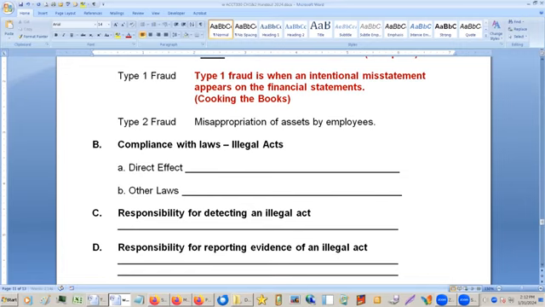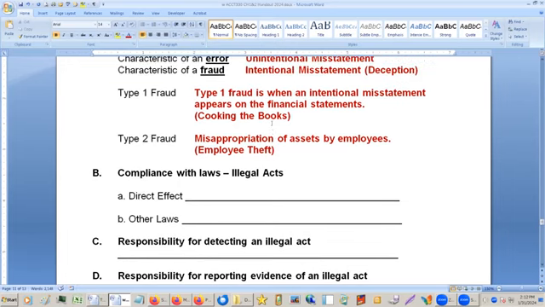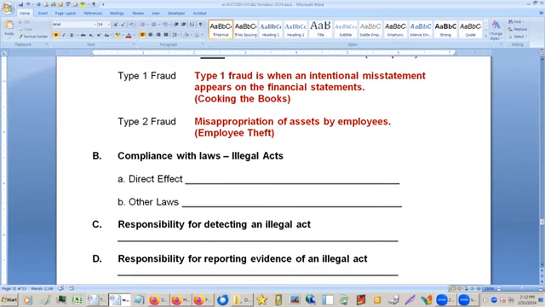This is employee theft. I like the term misappropriation of assets.